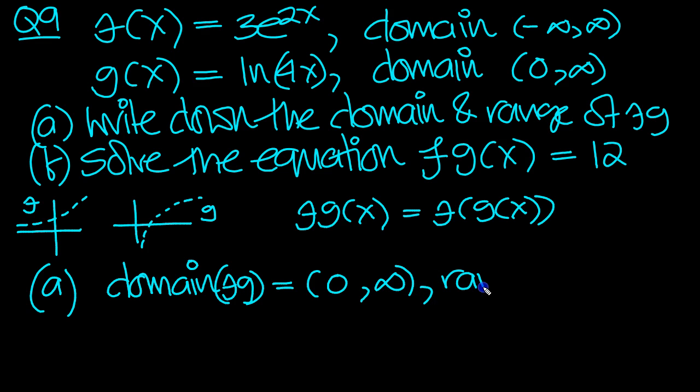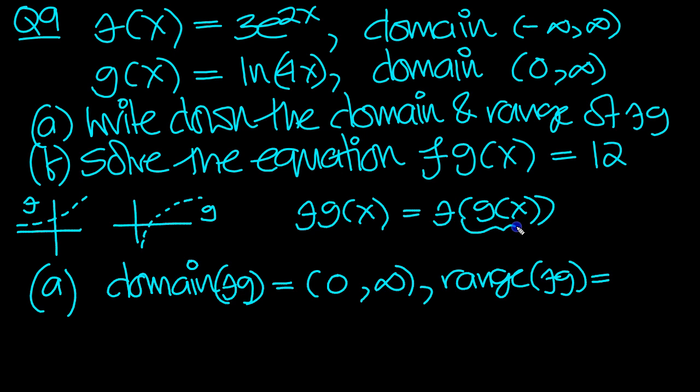So the range now of f of g. If you look back at this, the g of x domain was 0 to infinity, but the range of g of x is minus infinity to infinity. So these range values feed into the domain of f, doesn't it?